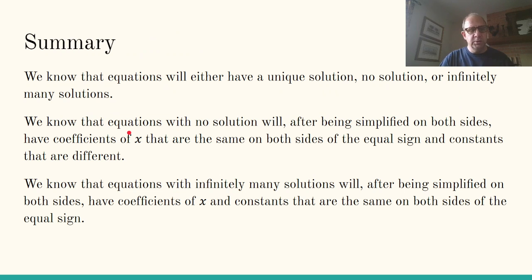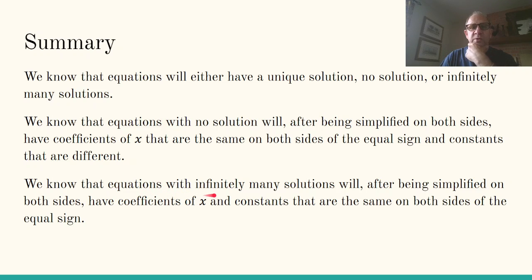Okay, so the summary, we know that equations will either have a unique solution, no solution, or infinitely many solutions. We know that equations with no solution will, after being simplified on both sides, have coefficients of x that are the same on both sides of the equal sign and constants that are different.